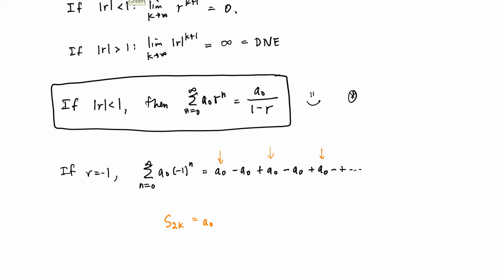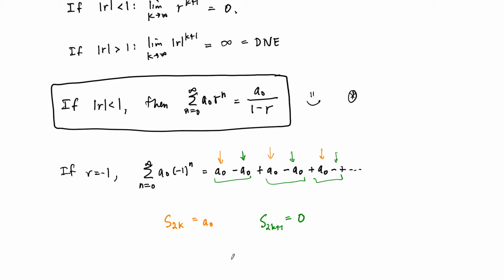Well, what about the partial sums that have an odd index? If we have an odd index, then look at these two combined, they're gone, right? These two combined, they're gone. The next ones combined, they're gone. And when this is s sub 2k plus 1, then this partial sum is equal to 0.